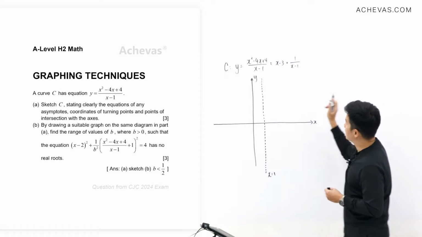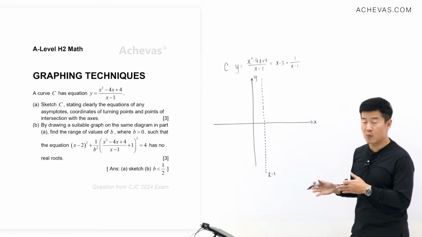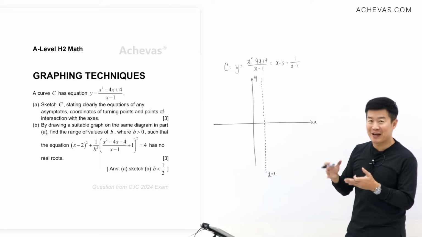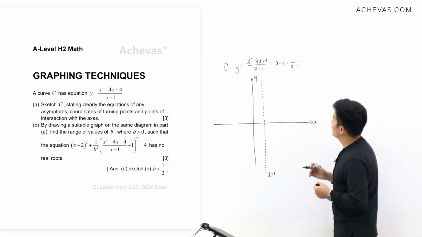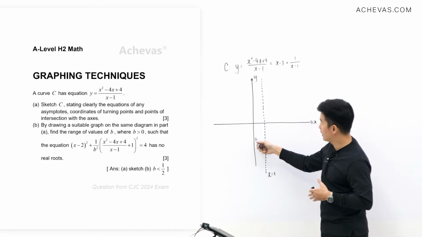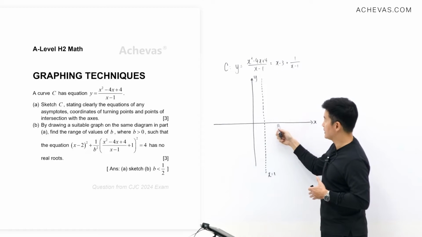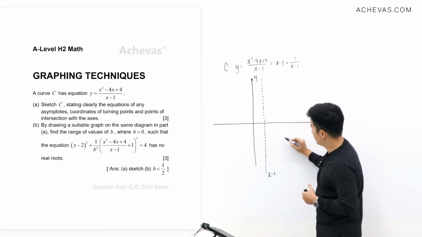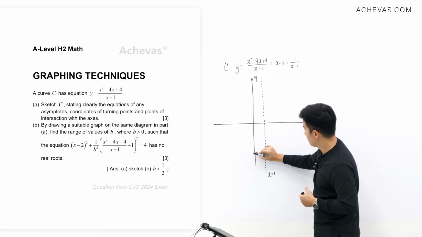We will have an oblique asymptote, y is equal to x minus 3. So it is going to be about 45 degrees with a negative y-intercept of minus 3 and a positive x-intercept of 3. So we will be getting something that is like this, maybe.